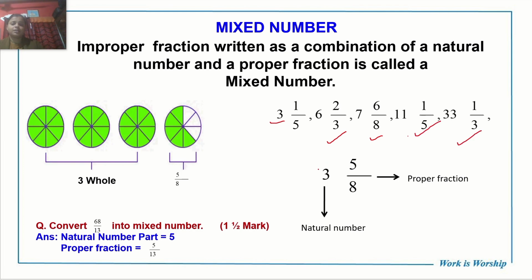This part is the natural number, and this part is known as the proper fraction. Proper fraction, you know, the numerator is smaller than the denominator. Correct. Very nice.